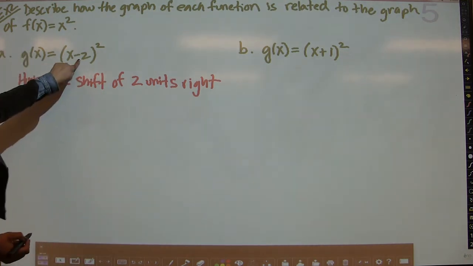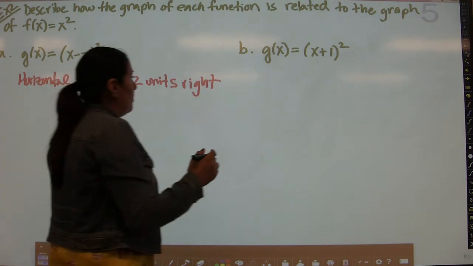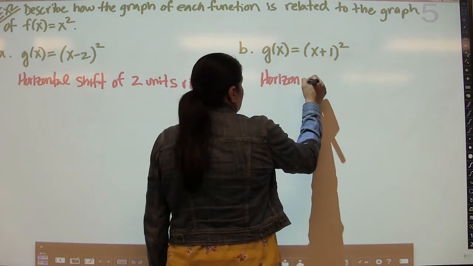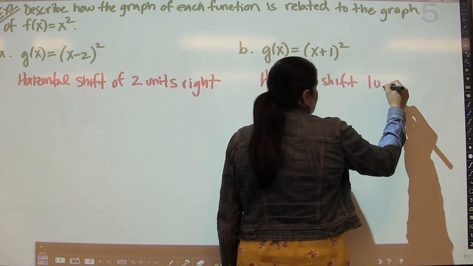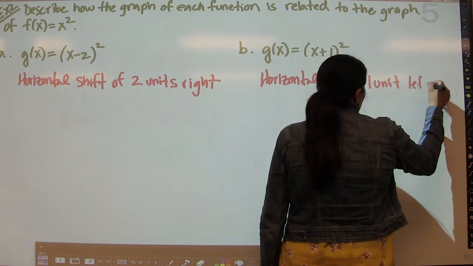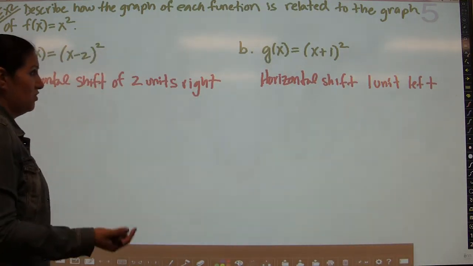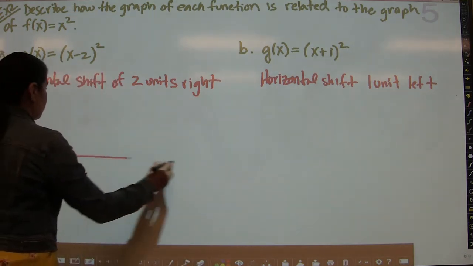Alright, because we have a minus h value here, so you're going to shift it 2 units to the right. And then in part B, you're going to have a horizontal shift of 1 unit to the left, because you have a plus 1 here. When you have a positive h value, you shift it to the left. So again, you could graph these very easily.